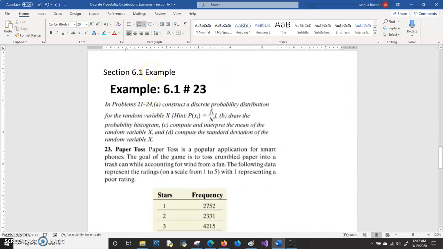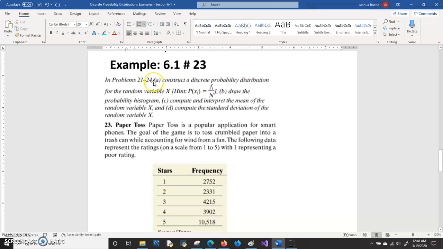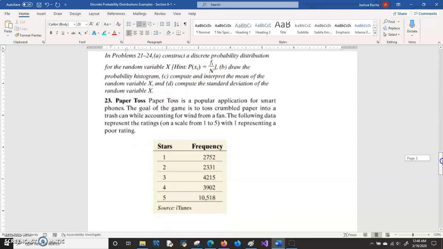Alright, so we'll do one more example from 6.1 that relates to the previous one. This is number 23, and the instructions are to do these four things. We'll come back to those instructions, but the topic is a game on smartphones called Paper Toss, and in the game the fans can give ratings for the game: 1 star, 2 star, 3 star, 4 star, 5 star ratings.